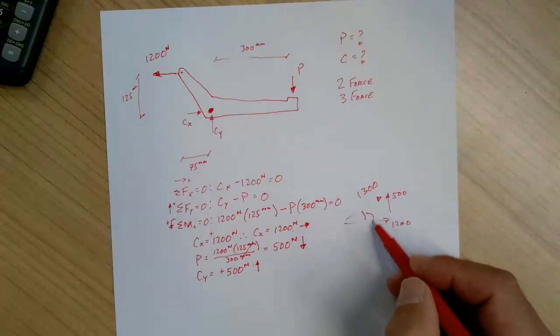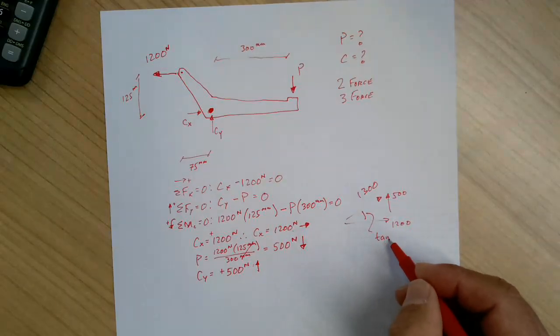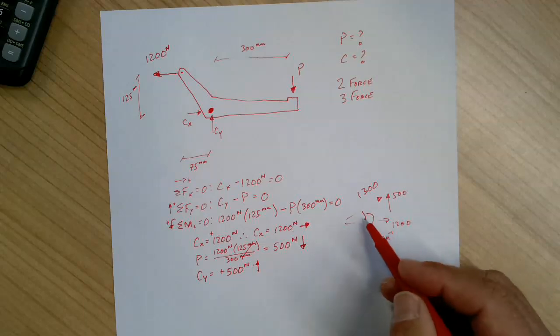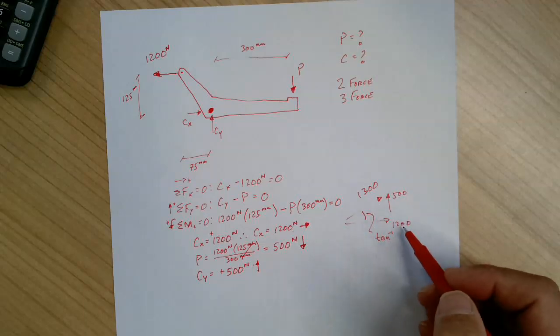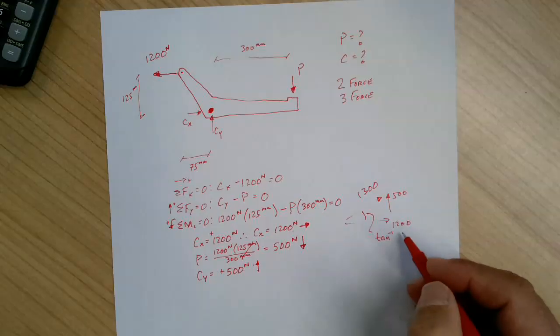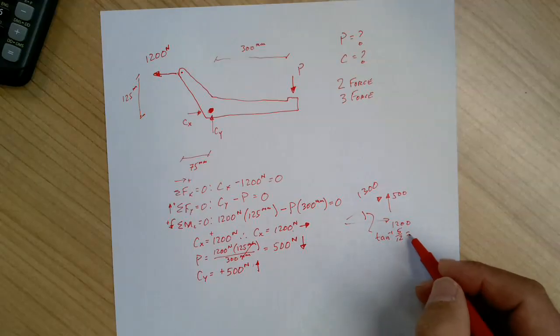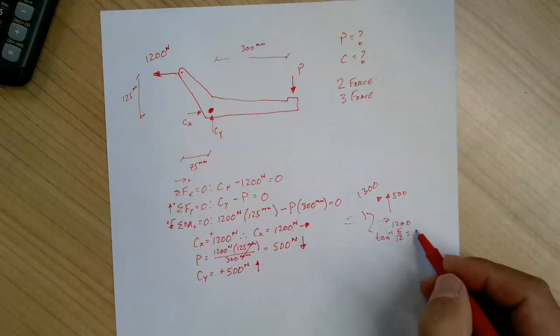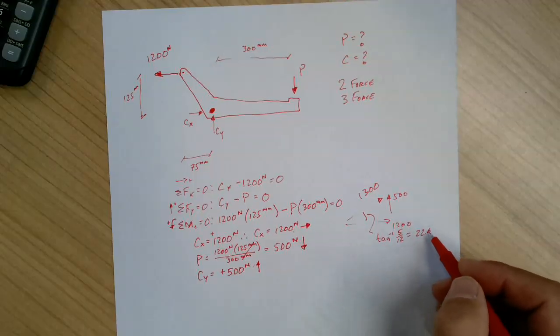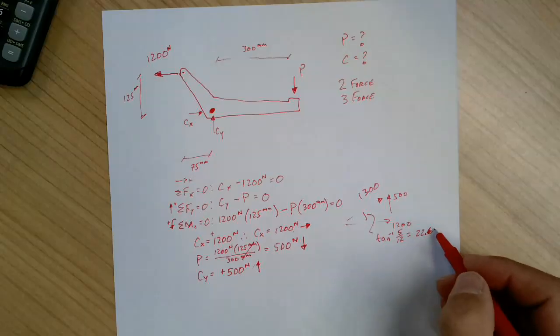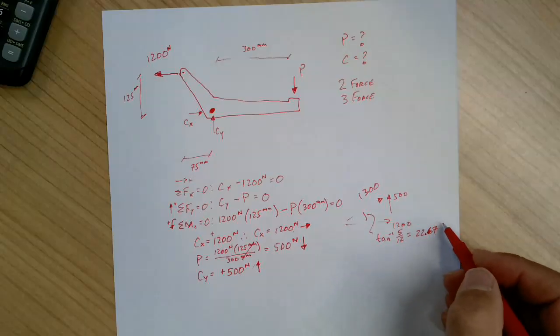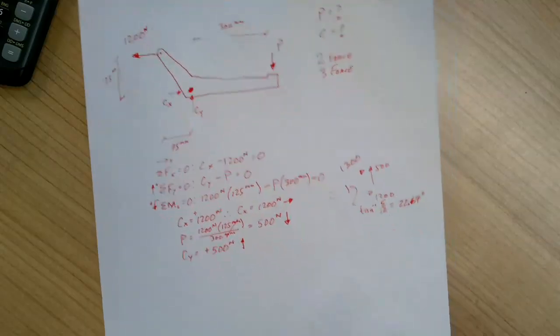And inverse tangent, let me just write that. Inverse tangent of 500 over 1200, so inverse tangent of 5 over 12 is that angle, 22.6 degrees. Just to make my son happy.